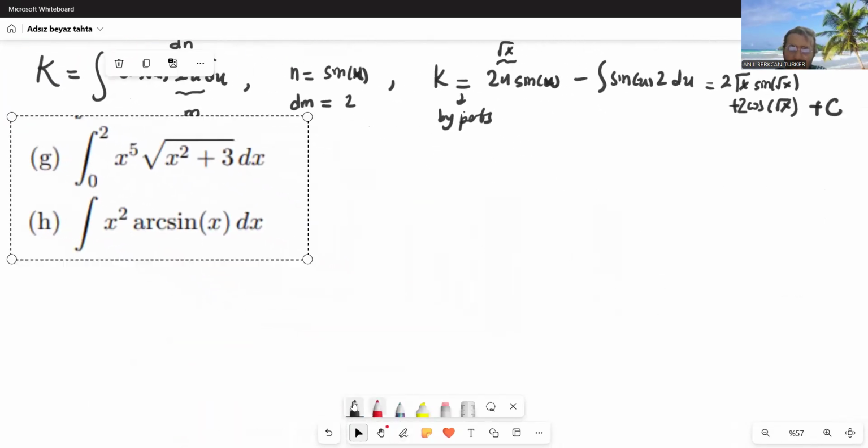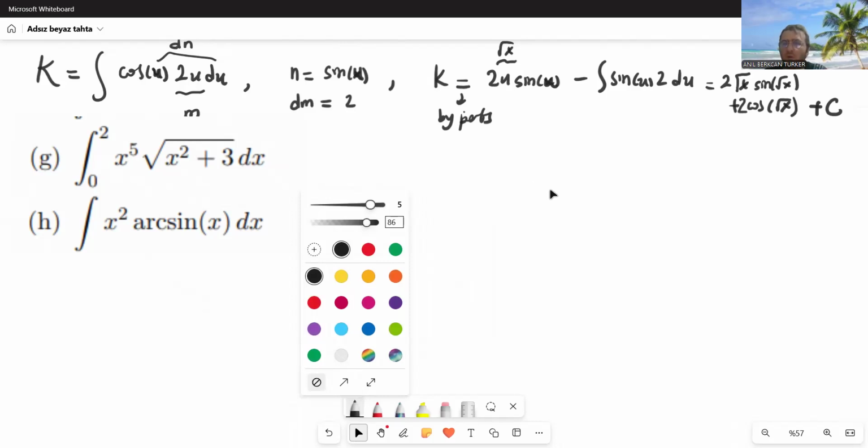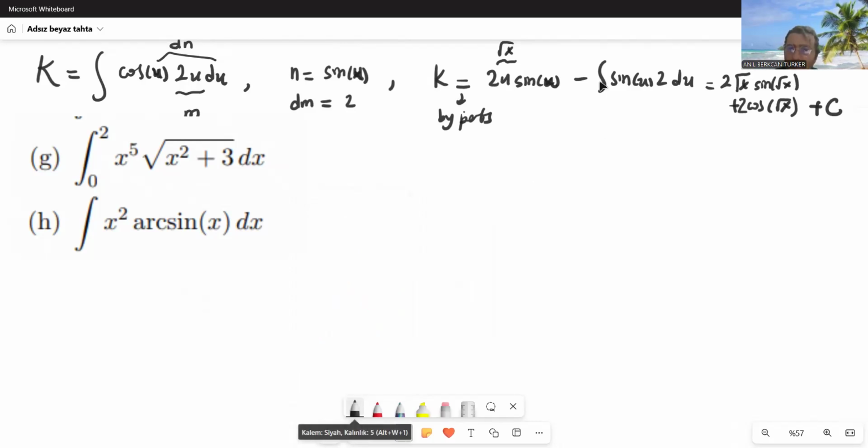Okay, let's do part g. So this is your integral. When you put u, then du becomes 2x, and there is something else also. So let's just try to make this work.